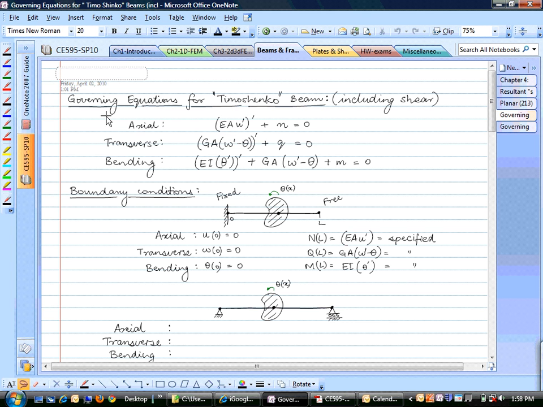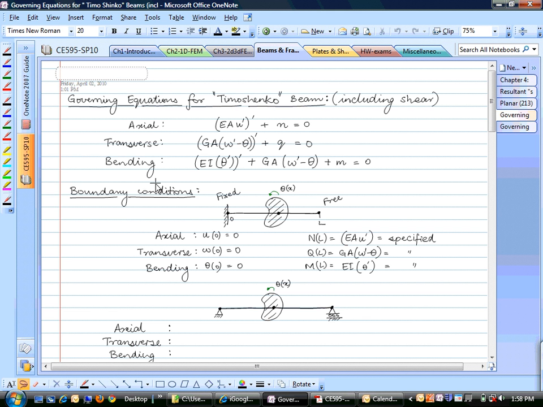You will see that the governing differential equations, which is the strong form for the Timoshenko beam, comes out to be this. All I'm doing here is plugging in what is N, what is Q, what is M. If you plug that in, you get these three equations, which also represent equilibrium for the axial direction, transverse, and bending.